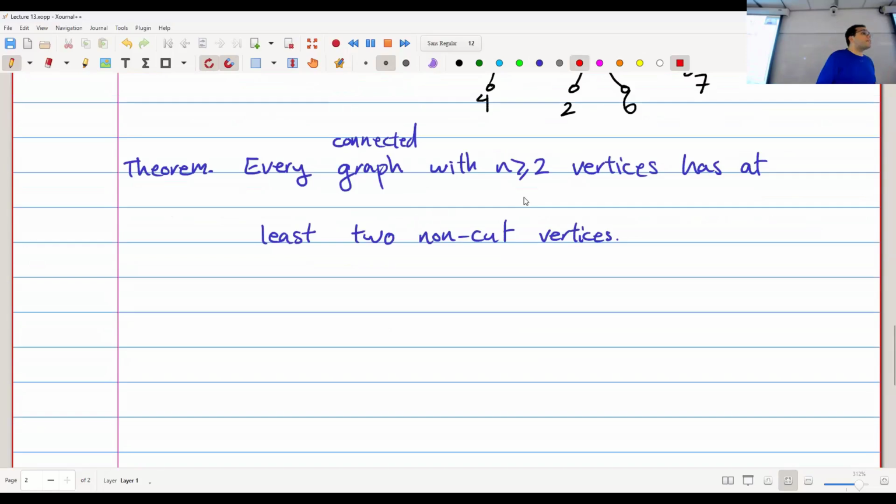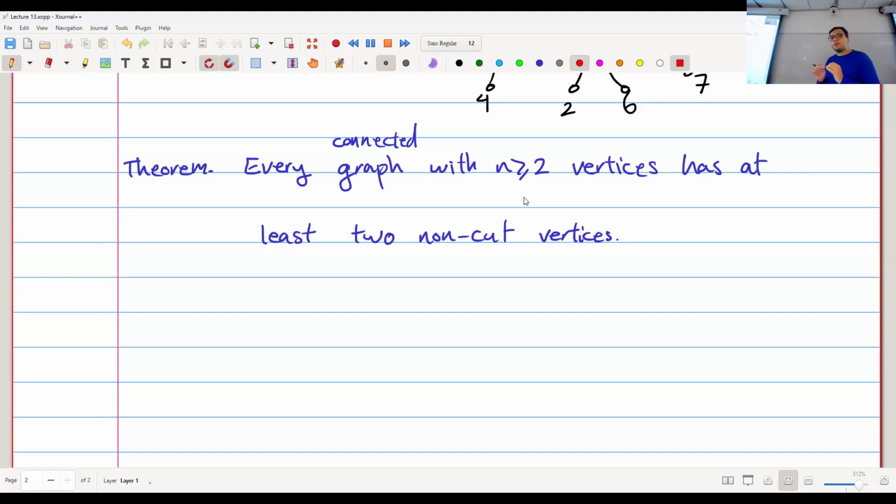Let's do exactly the same thing that we did in the previous theorem. Let's look at a longest path. Now, very importantly, I cannot say let's look at the longest walk, because in walks I can repeat edges and I can repeat vertices, so I might have an infinite walk, right?